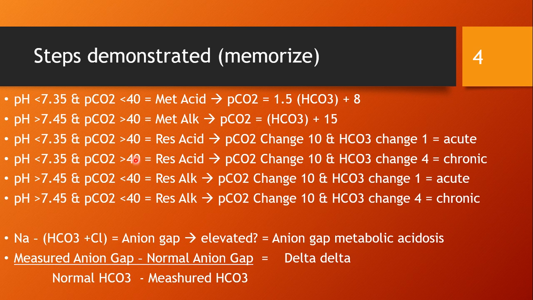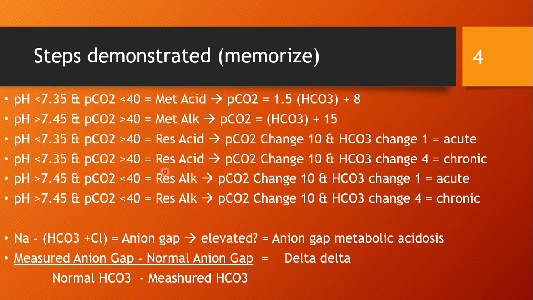The change could be 2 changes of 10 or whatever. So let's say this was 60. It means that the HCO3 would need to be 24 plus 4 plus 4. So that'd be, what is that, 32. So if it's 60 and 32, same thing.